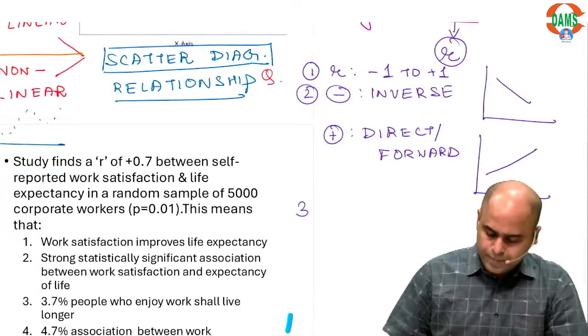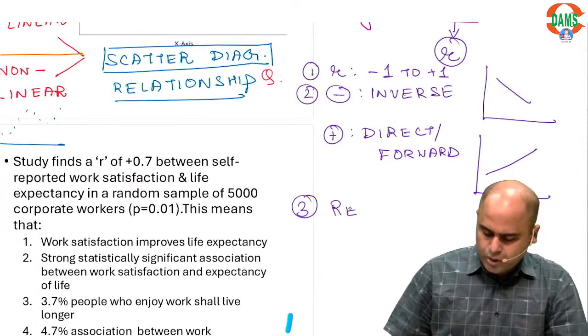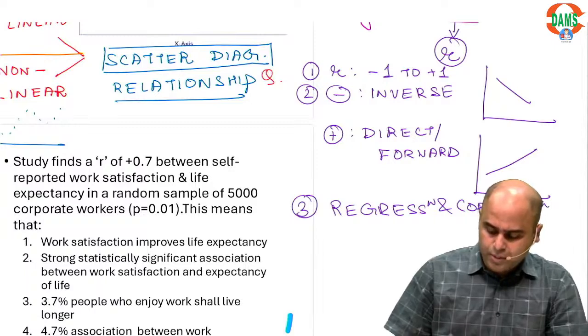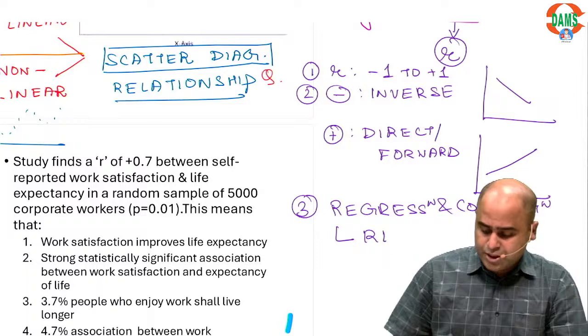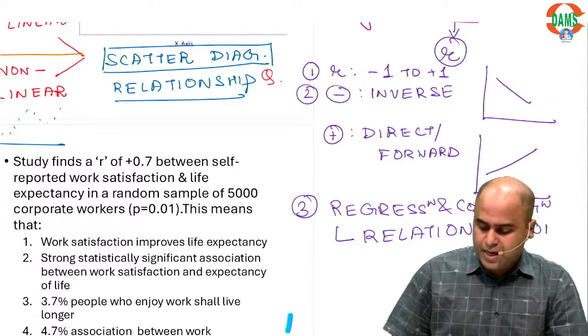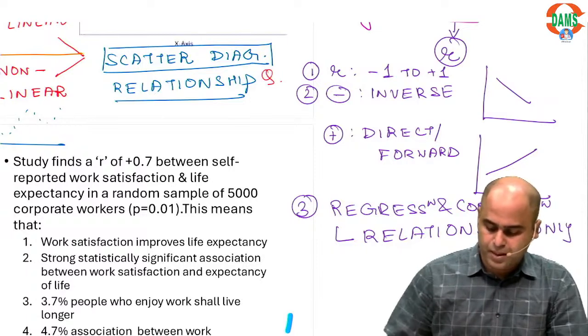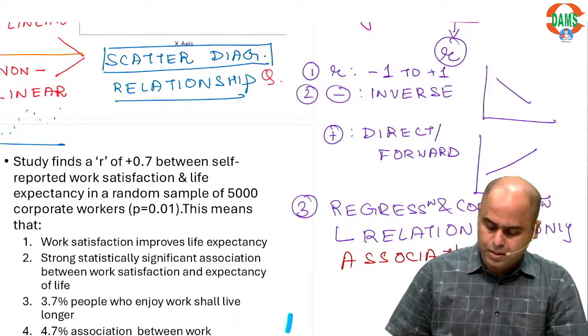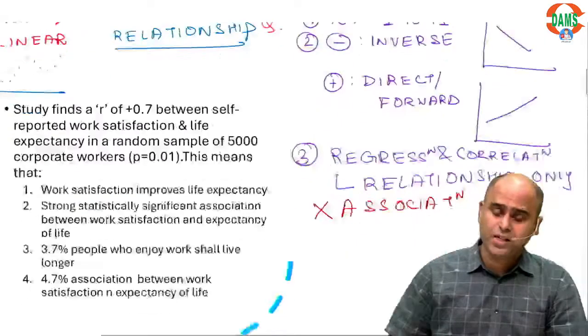Third, regression and correlation tell about relationship only. Remember, they will never tell you about association. Now, who tells you about association?